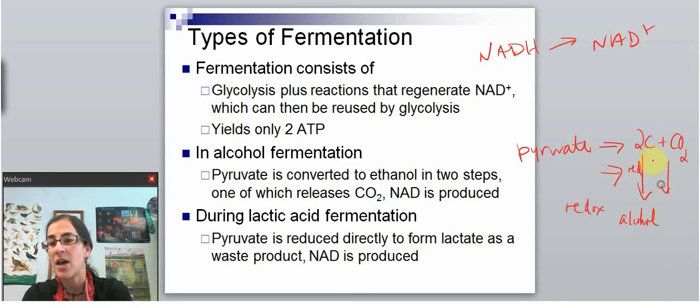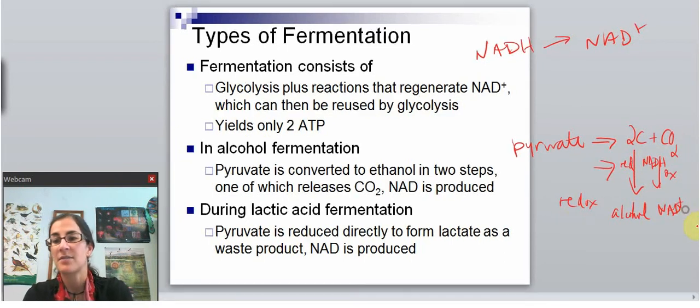And at the same time, because remember they always go together, NADH is oxidized back to NAD+. So that is the first type, alcohol fermentation. Pyruvate is broken down into a 2-carbon molecule and CO2. The 2-carbon molecule is reduced to ethanol, and the NADH is oxidized to NAD+.